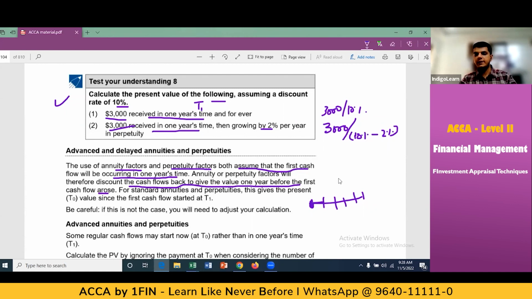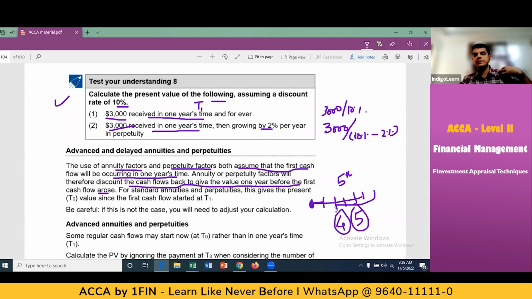If we say that the cash flow will start from the 5th year, and if I use the annuity factor, then the 4th year end or 5th year beginning is the value I will get. If I put the annuity factor, then immediately I will get the total cash flow, or the present value of the cash flow, at the beginning of year 5. Okay, so 1 year back it pulls.